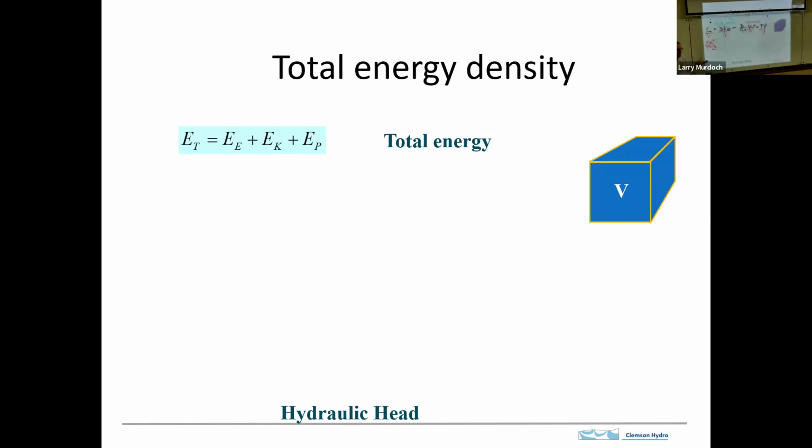Okay, so we can do that. That's no problem, but it ends up being a little cumbersome. What we do to make life easier is we're going to normalize everything by the unit weight. So we're going to normalize the energy density by the unit weight.